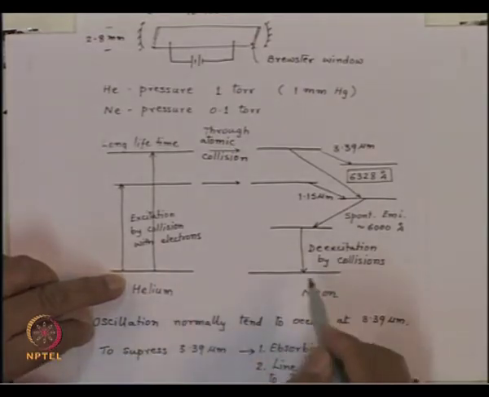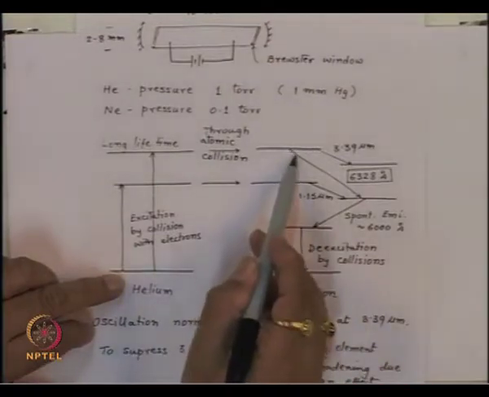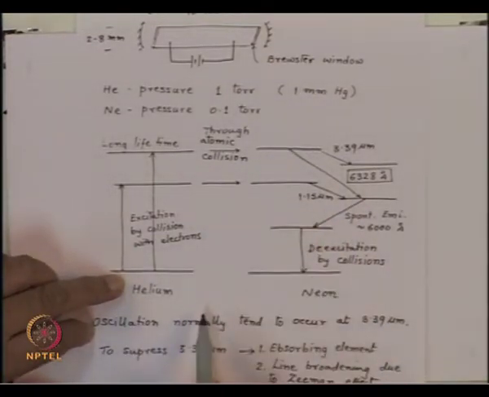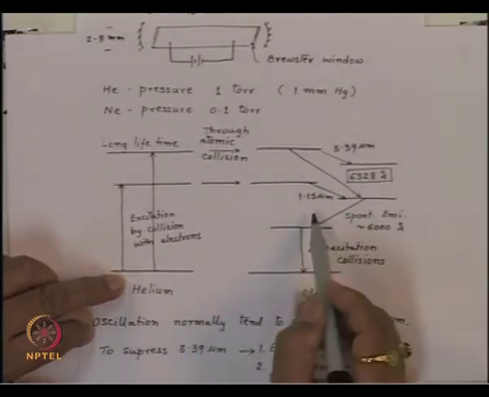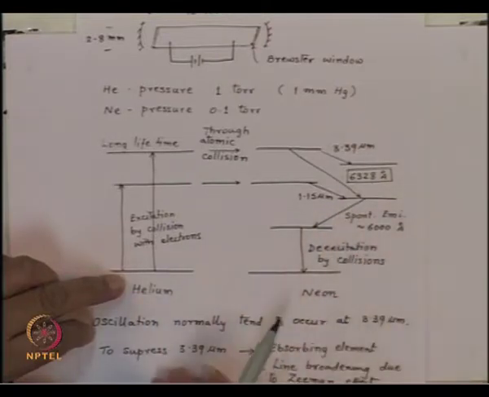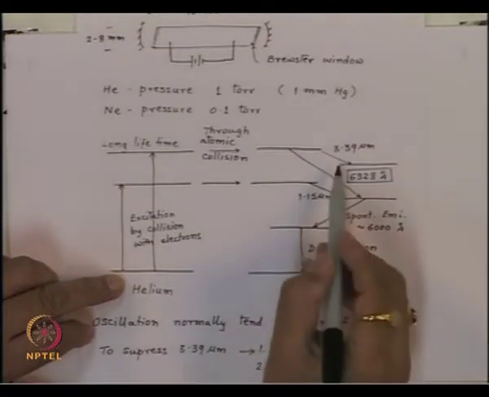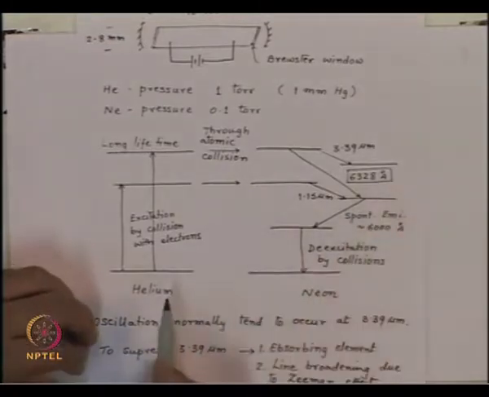So, first of all, we have to create a feedback mechanism which would support the wavelength corresponding to this transition, and other wavelengths have to be suppressed. Because as we saw earlier, the longer the wavelength, there is more possibility of lasing action. So, longer wavelengths get easily excited or lased compared to the shorter wavelengths.